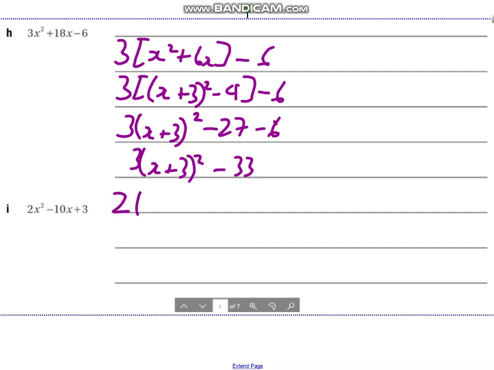So this one again, a cheeky factorise. So 2 times x squared minus 5x plus 3.